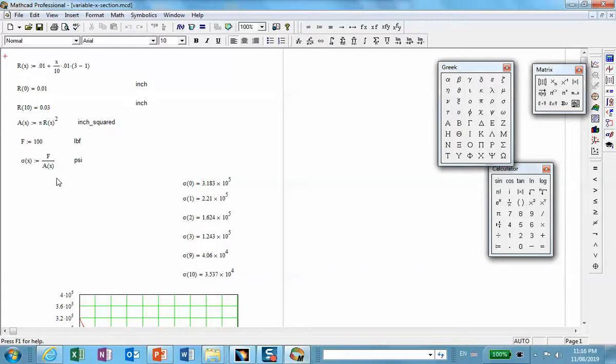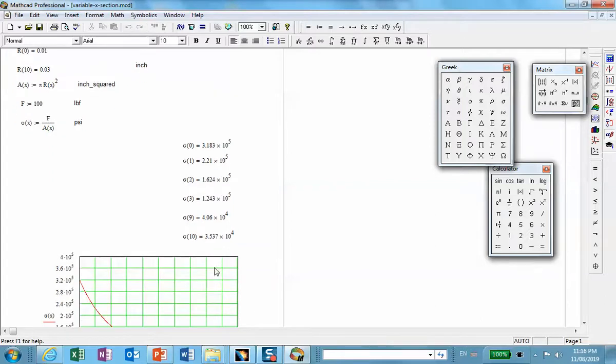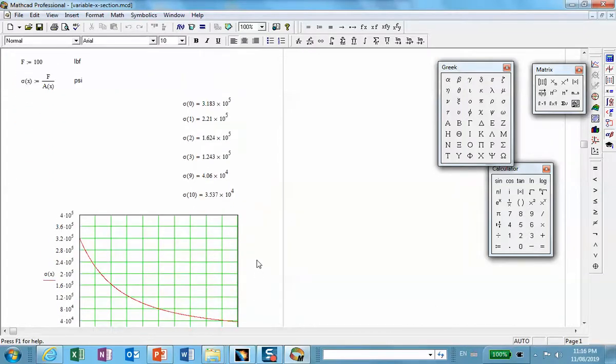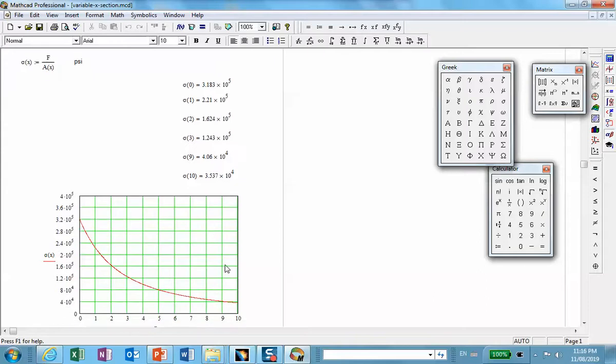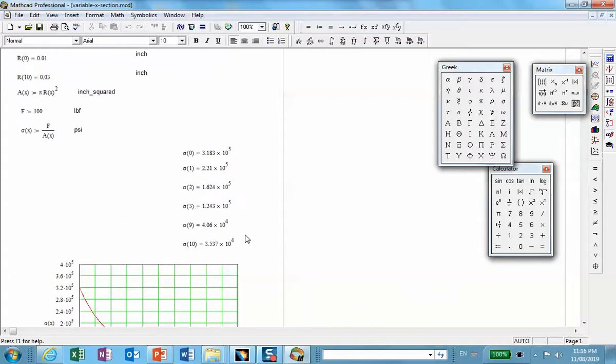So if you look at the value of this stress at different locations, for example, at 1, theory says it's 2.21, sigma at 2 is 1.64, and at the very right hand side, sigma at 10 is 3.537. This is the variation of stress from the clamp end, which is the left side, all the way to the loaded end. So, for example, this was pretty reasonable, 2.26 or 2.63.